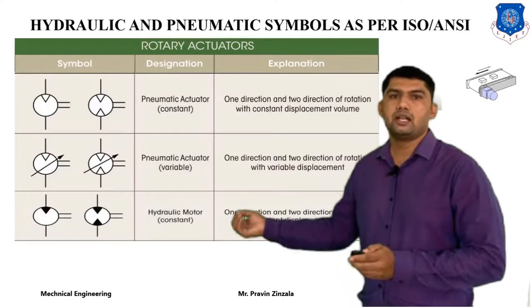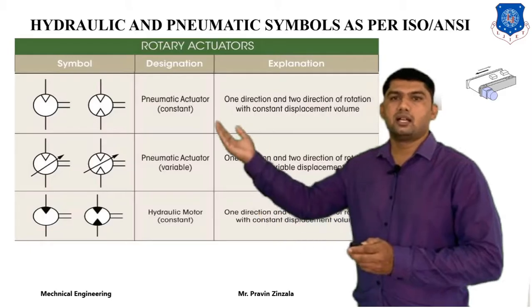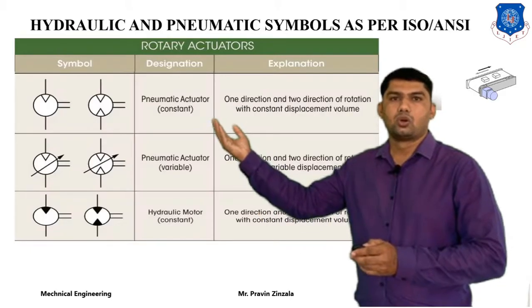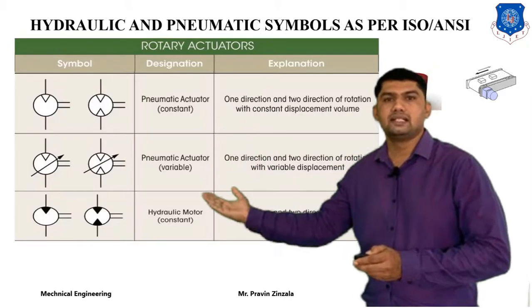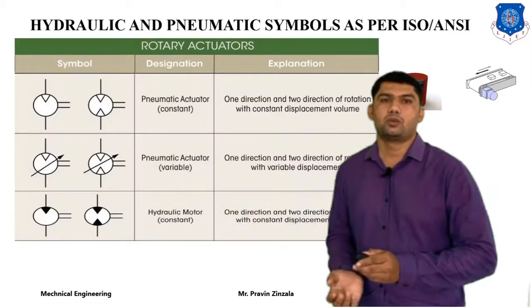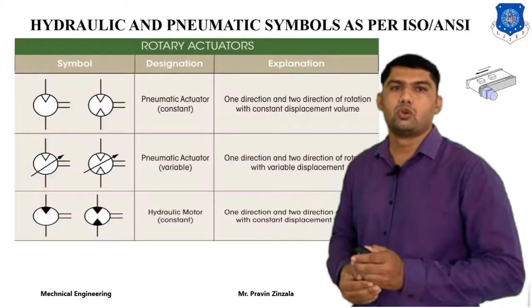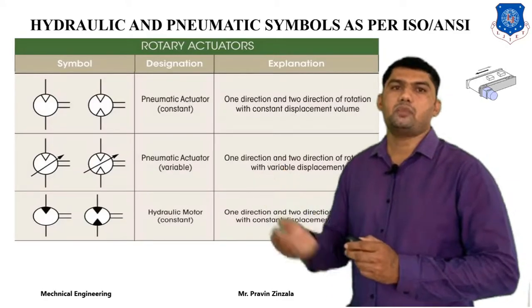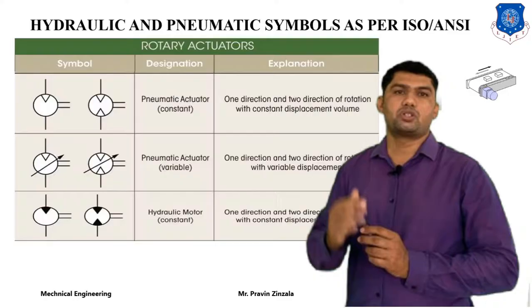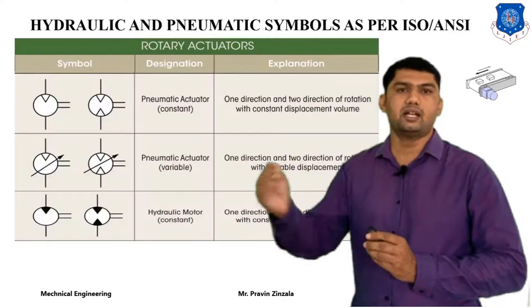Next is the hydraulic motor, which has the same function as a pneumatic rotary actuator. In a hydraulic system, we use the hydraulic motor to convert hydraulic energy into rotary motion. In automation, there are two types of motion requirements, linear and rotary.